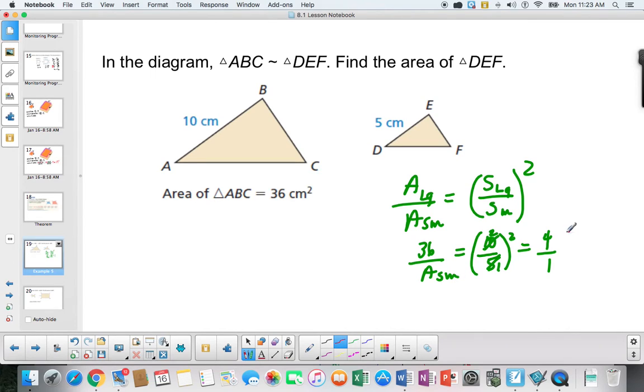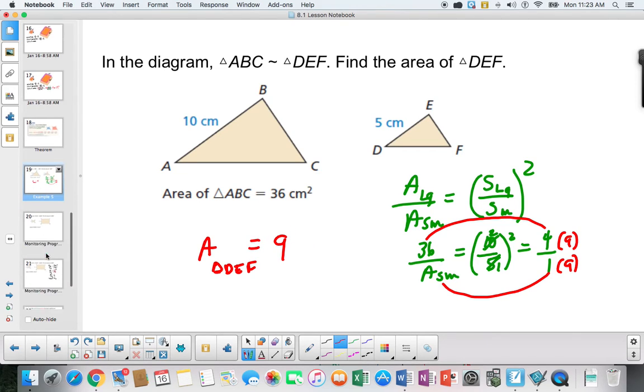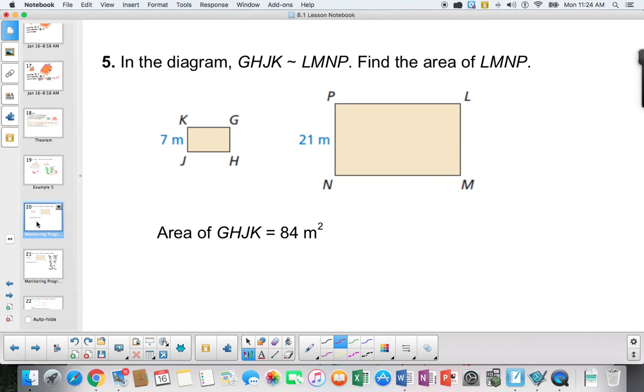And I know that when I multiply the top by, not 36, but I have to multiply it by 9, I will get 36, and I'll multiply the bottom by 9. So in other words, these two are equal to each other, and these two are equal to each other. So the area of triangle DEF will be equal to 9.